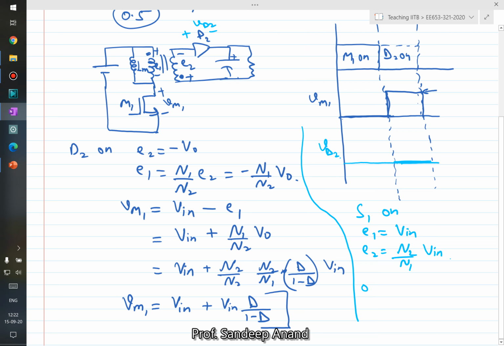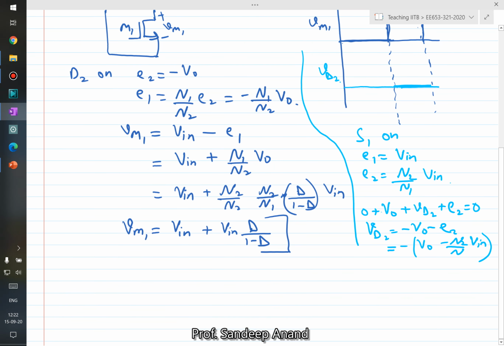So 0 plus VO plus VD2 plus E2 is equal to 0, which gives VD2 equal to minus VO minus E2. I can write this as minus VO minus N2 by N1 times Vin.